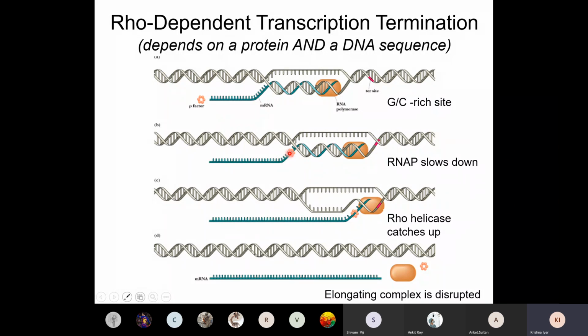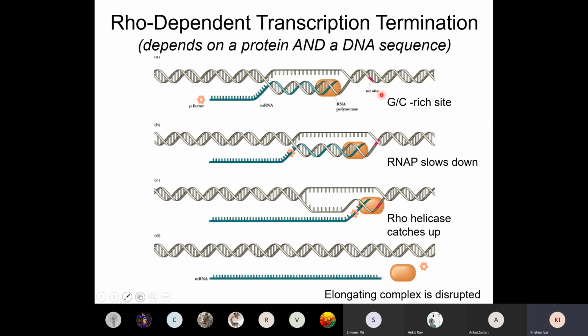It tries to catch up to the RNA polymerase. Now RNA polymerase, because it has a head start, will always be ahead of this Rho factor.